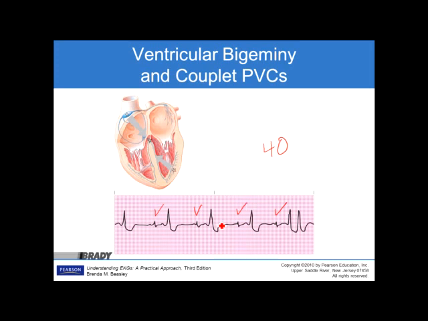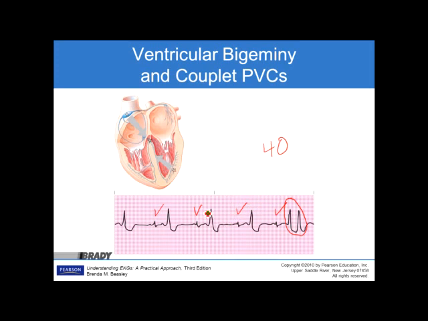Step 2 is what's the actual rhythm, and this is pretty regular. I would say that we are regularly irregular. This right here, if it was consistent and kept occurring, is a couplet.